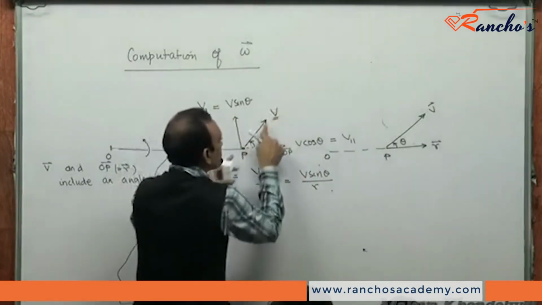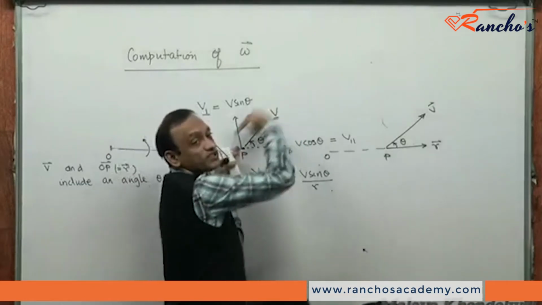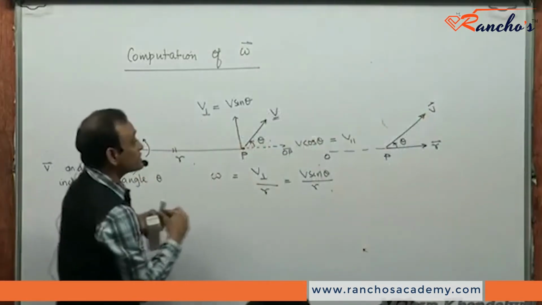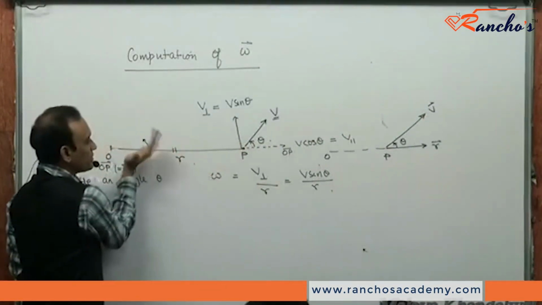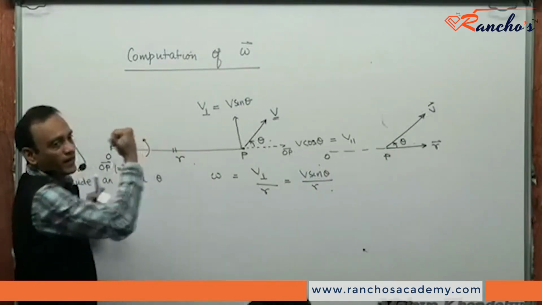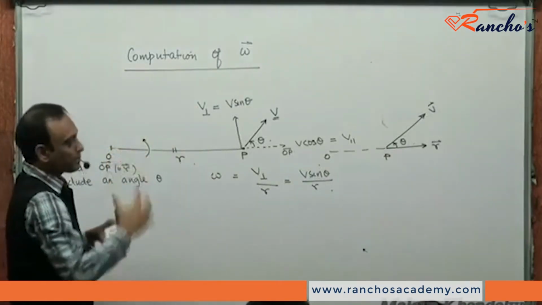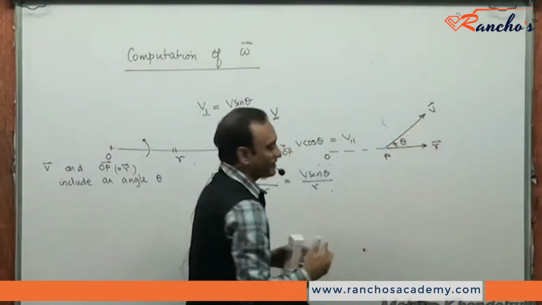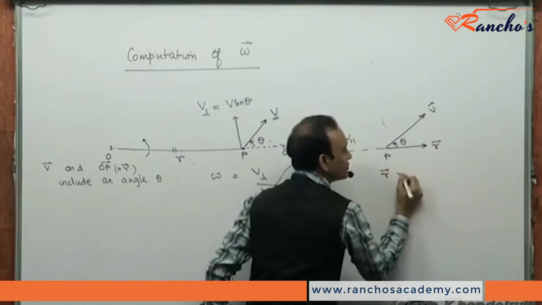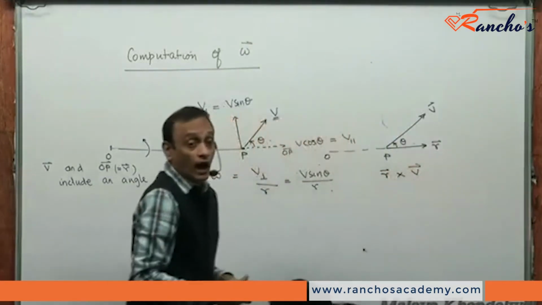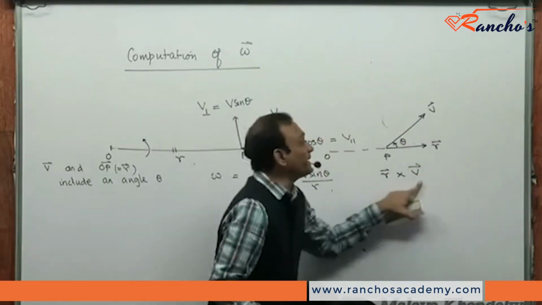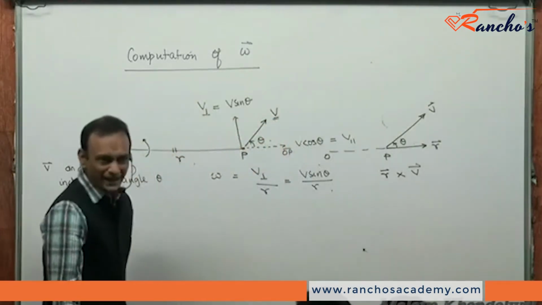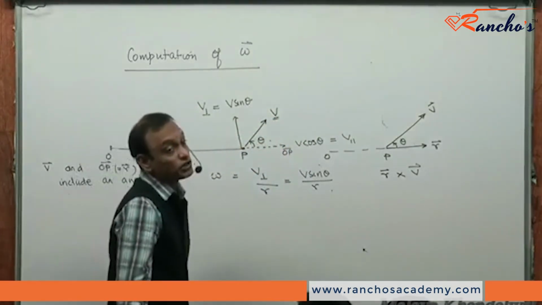Now, this is the magnitude of v, but this is the velocity vector v, which I have shown here, right? Notice that for this figure, because OP was swiveling anti-clockwise, omega was out of the plane of the board, right? Do you realize that if I did a cross product of R and V, R cross V is a vector perpendicular to the plane containing R and V, yes or no? And how do you obtain the direction of R cross V?